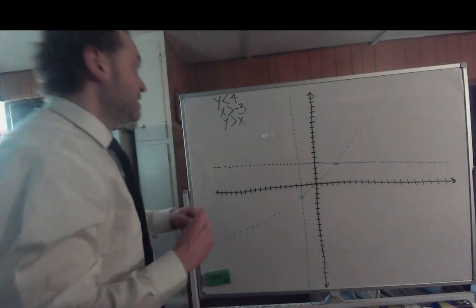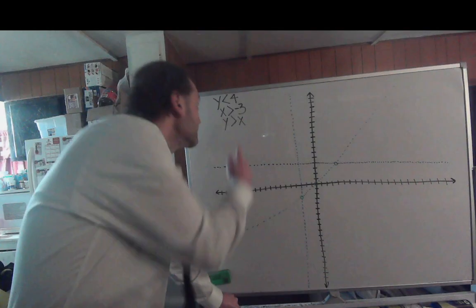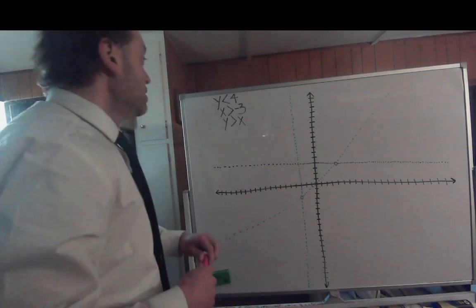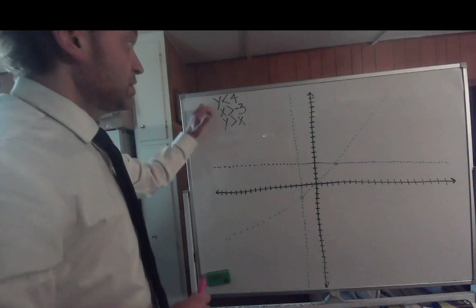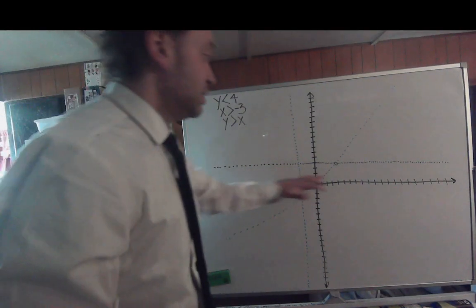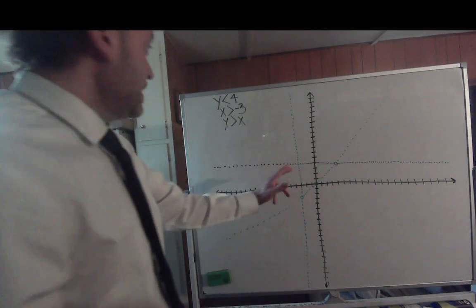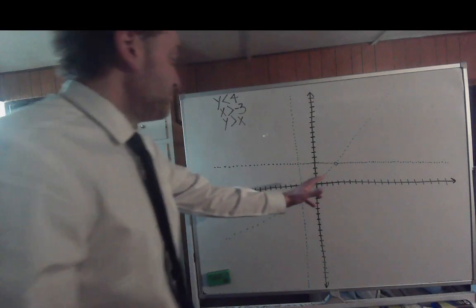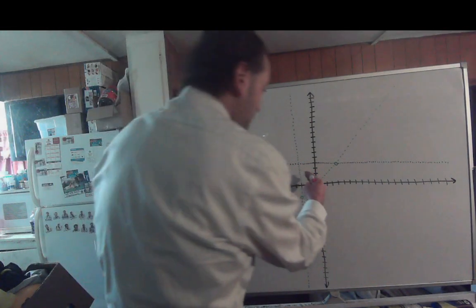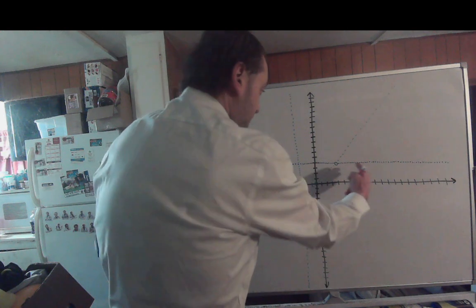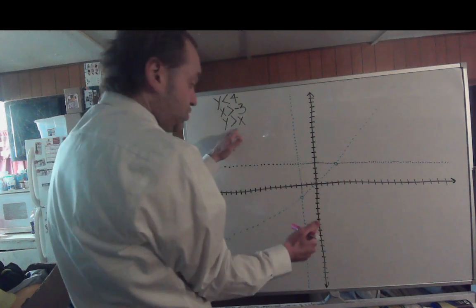Now we need to shade the region that meets all 3 of these qualifications. Where y is less than 4, start there, so it's going to be below this dotted purple line. Now x is greater than negative 3. That's going to be to the right of this dotted blue line. And then y is greater than x.